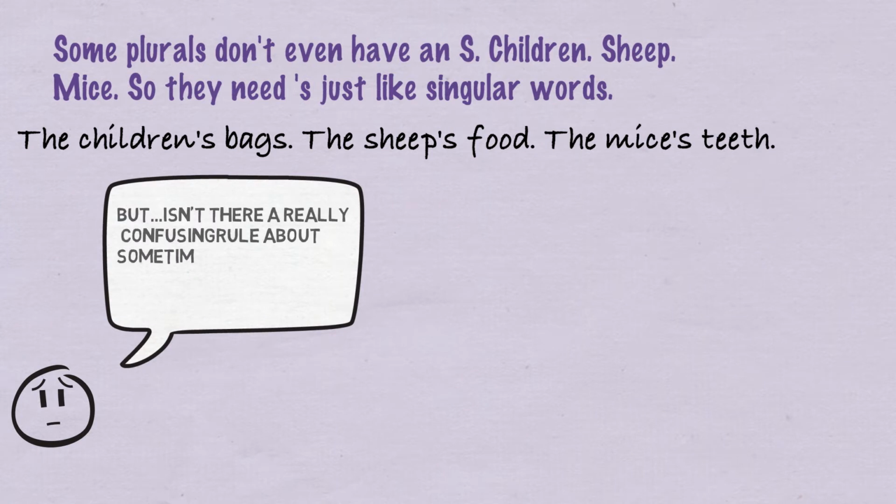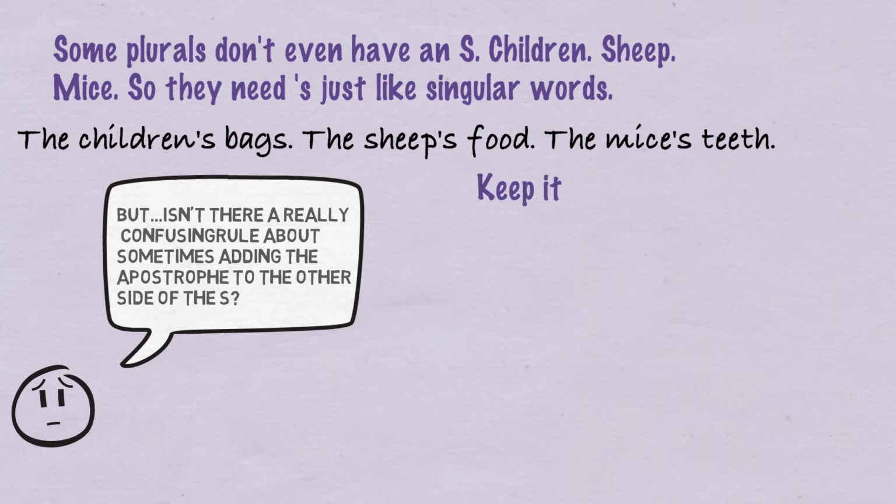So you might find that you've heard a confusing explanation of this rule, that there's something about adding apostrophe S if it's singular or S apostrophe if it's plural. And I don't think that's helpful. If the word has an S because it's plural, don't add another one. Keep it simple.